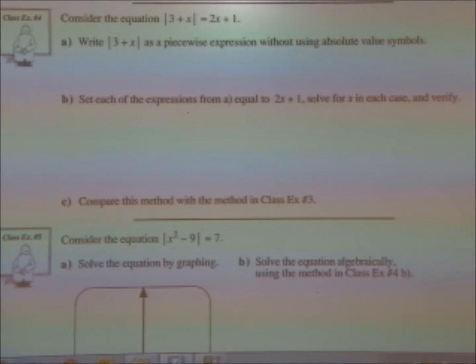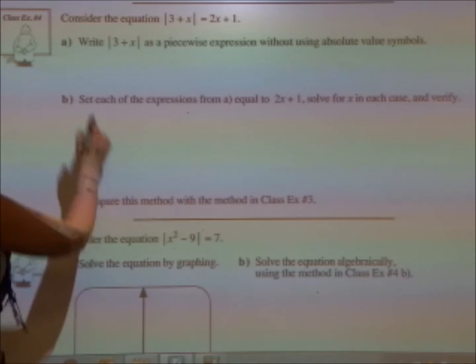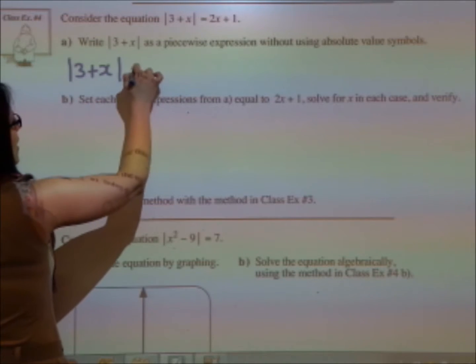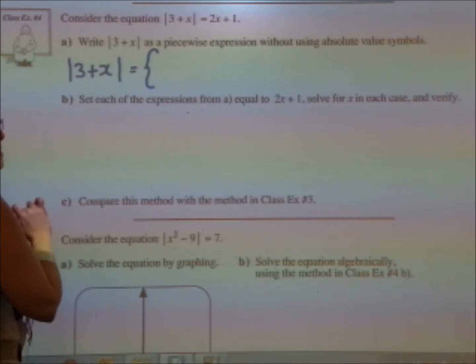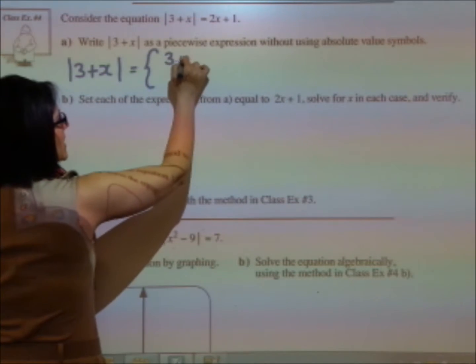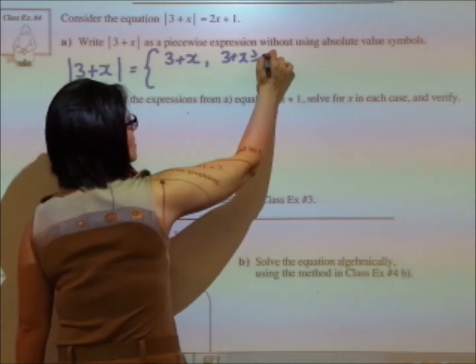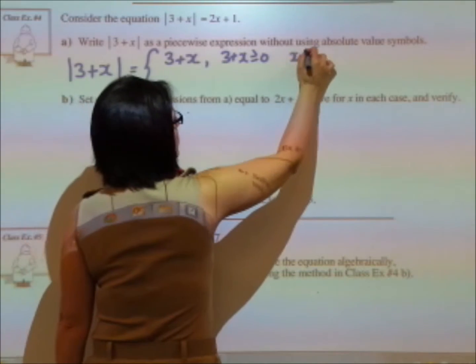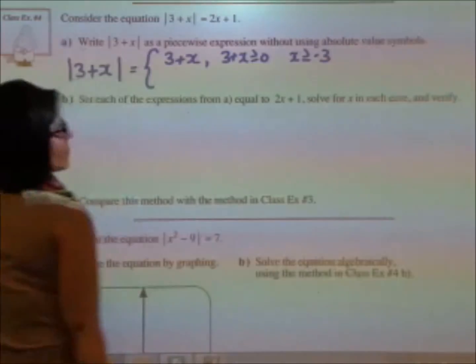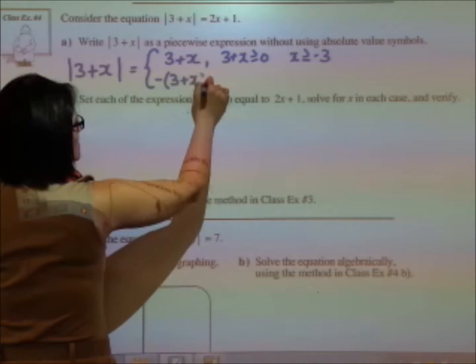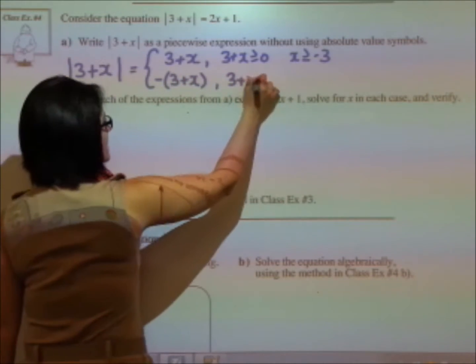So to do that one, what we do is we take our absolute value and we write it as a piecewise. So as a piecewise, it means that the absolute value of 3 plus x can equal 3 plus x when 3 plus x is greater than or equal to 0. In other words, when x is greater than or equal to negative 3. And it's equal to the negative part when it's less than 0.